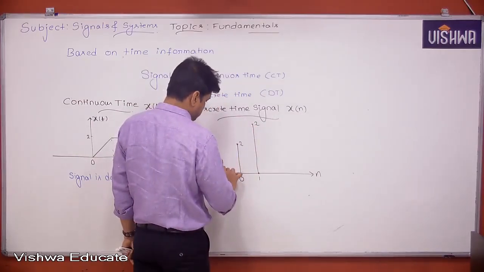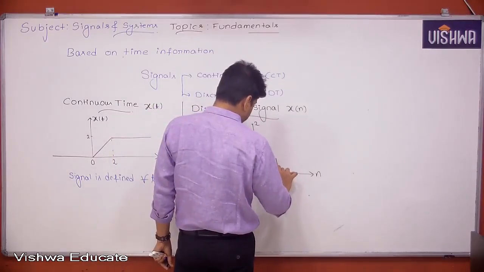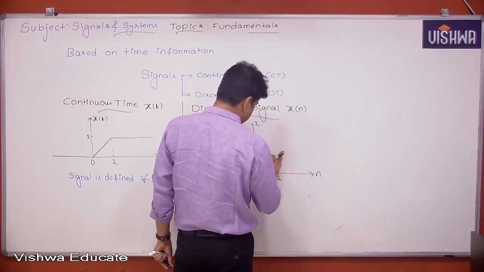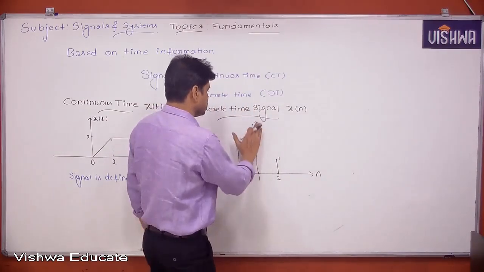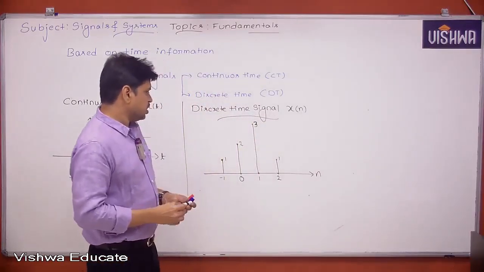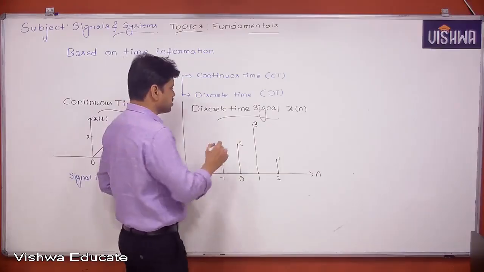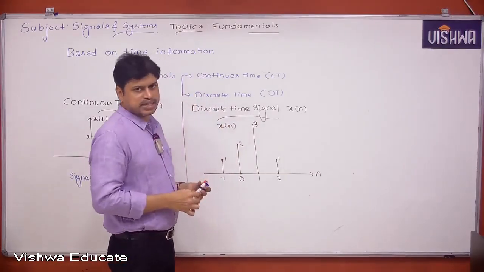Let's say at -1 its value is 1. At 2 its value is again 1. If I consider an x of n signal like this, I can call it a discrete time signal.